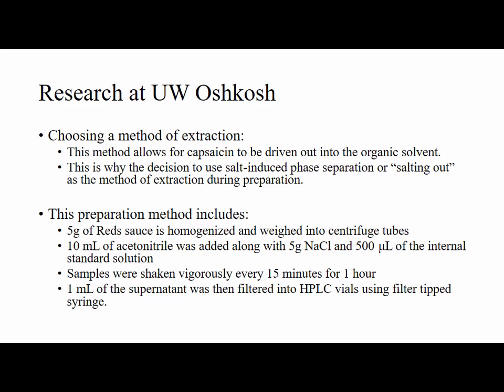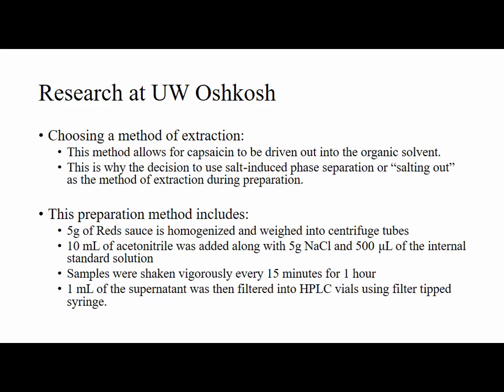All right, so next, choosing a method of extraction. For my research, I chose using a salt-induced phase separation, or salting out, as my method of extraction. And one of the reasons for this is in order to be able to drive the capsaicin into the organic solvent that will be used.